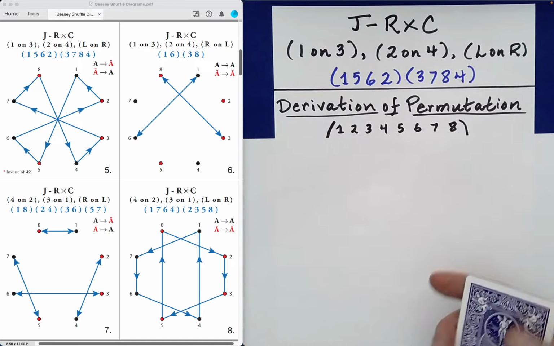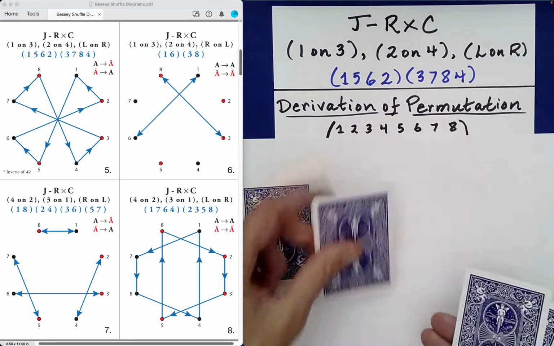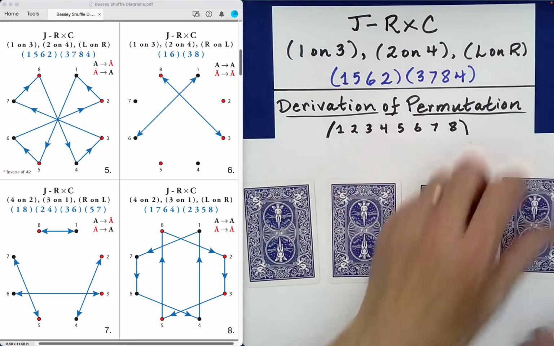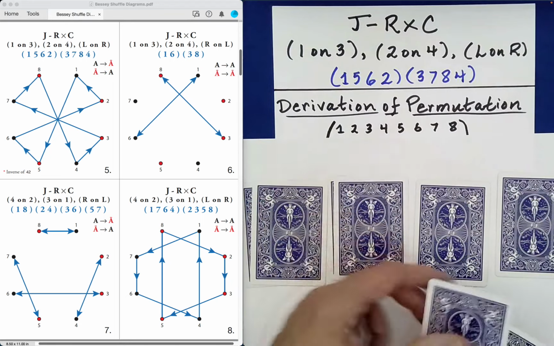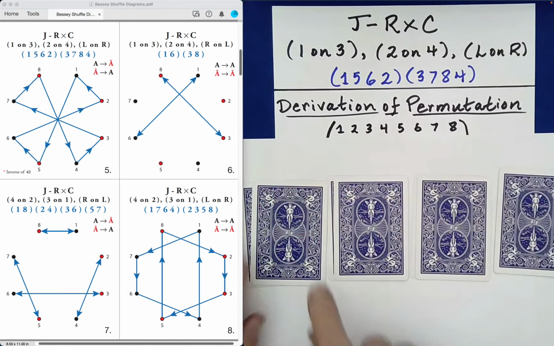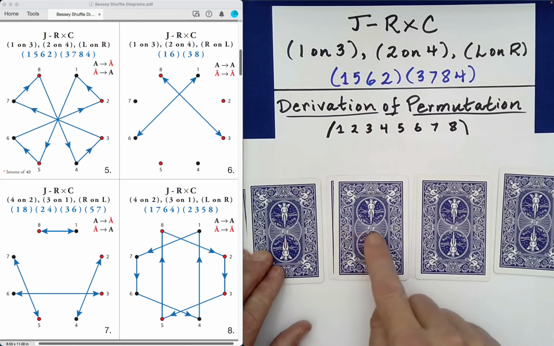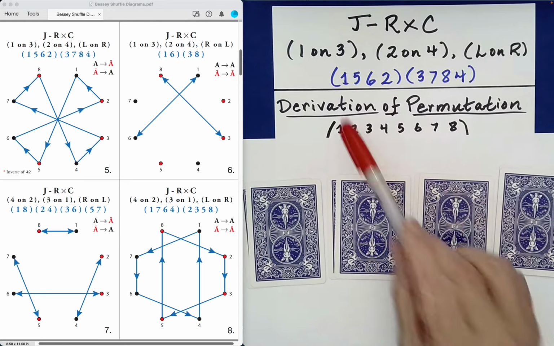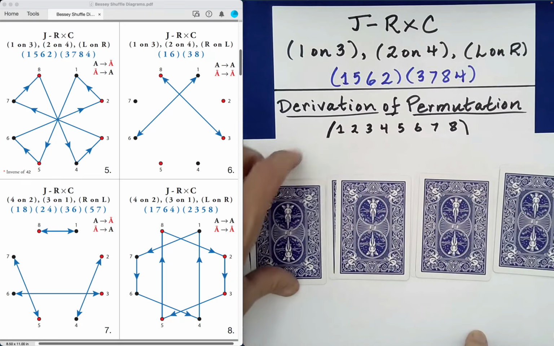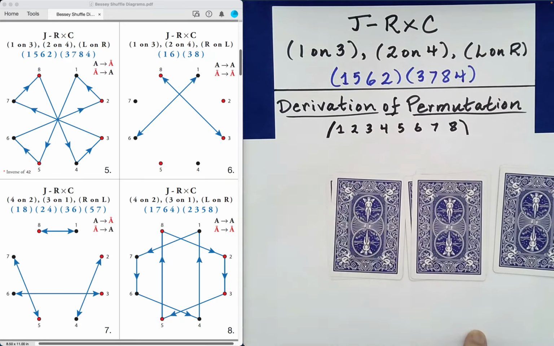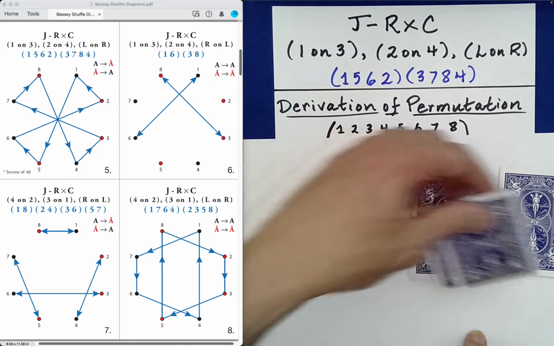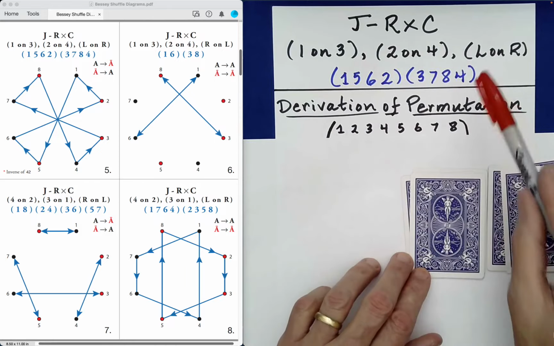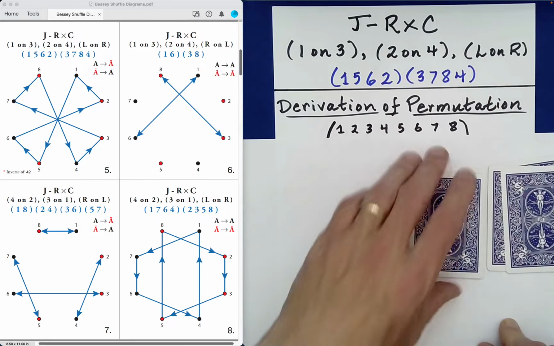So the shuffle here is simply dealing into 4 piles, just like this, where it's understood that this is pile 1, 2, 3, 4. According to our stacking here, we stack 1 on top of 3 and 2 on top of 4. And finally, we stack the left on top of the right.